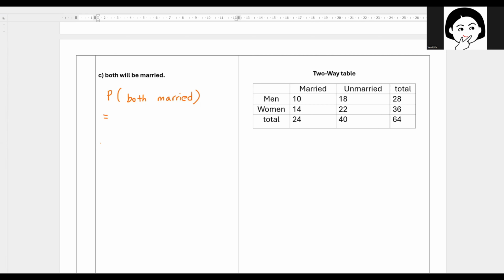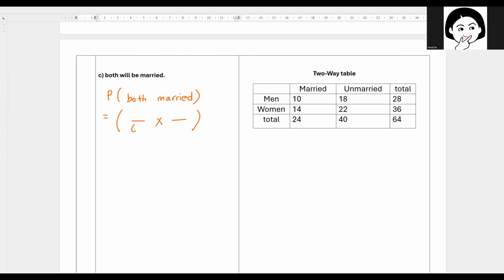Because of the two-way table, everything is quite simple because this is just one branch. We don't have to do 4 cases and add them all up. So I'm going to put that as 1 branch.